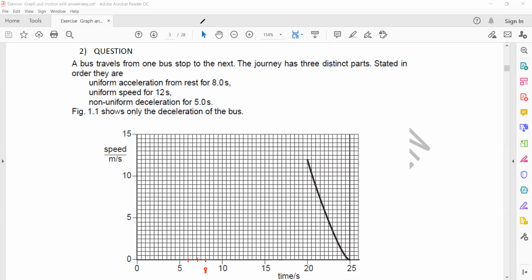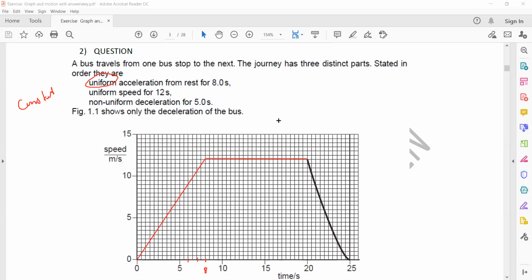So if its speed is constant, what will be the line? The graph will be a horizontal line, which shows that the speed is not changing. And for the first part, it has a uniform acceleration. The term uniform means constant. So whenever the graph is for constant acceleration, it will be a straight line.